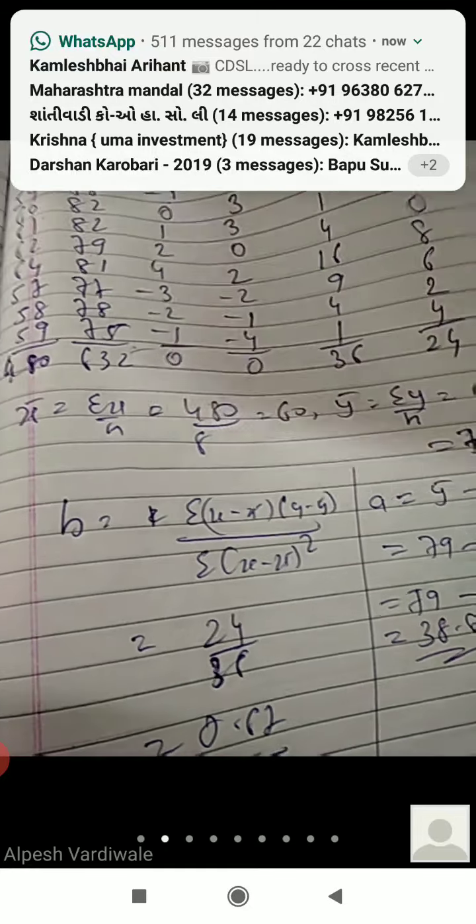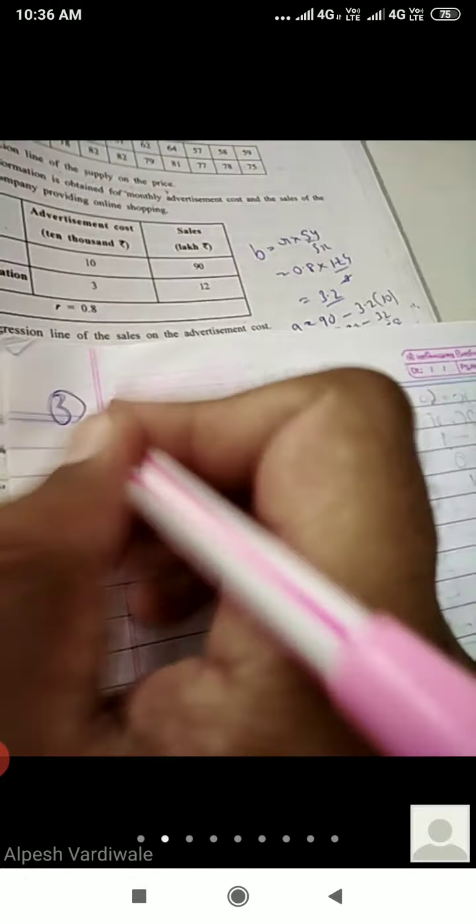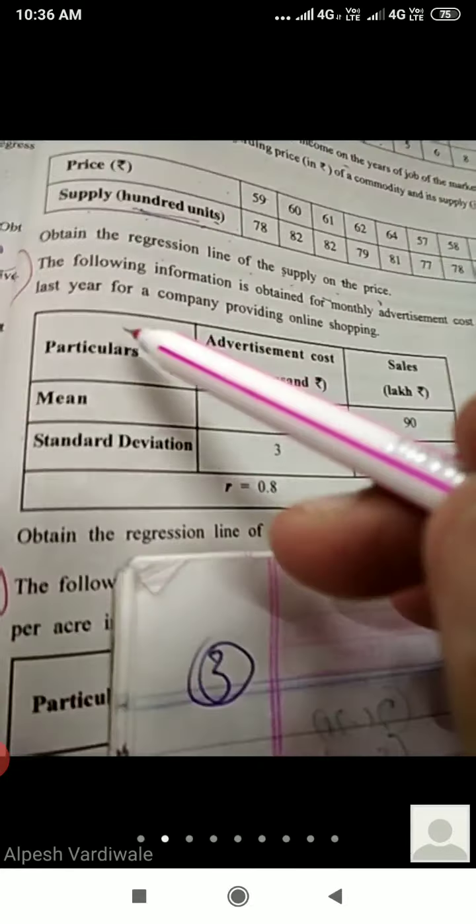Now we go for the next question, section E, question number 3. What is given here? The following information is obtained for monthly advertisement cost and the sales of the last year for a company providing online shopping.